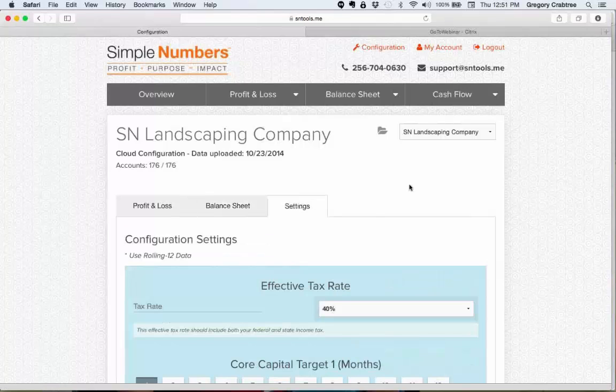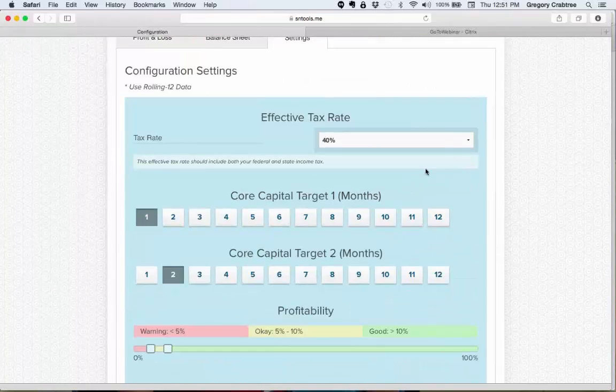And then the cool part is you can customize your settings. If your core capital target, we have some businesses that are highly seasonal, maybe they want 3 or 4 months of core capital as their cash reserve. We've generally found level 1 target is 1 month, level 2 target's 2 months, but if you want to make it higher than that, you can change the setting.